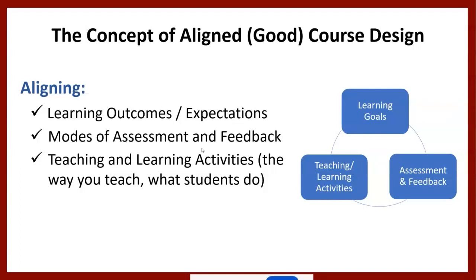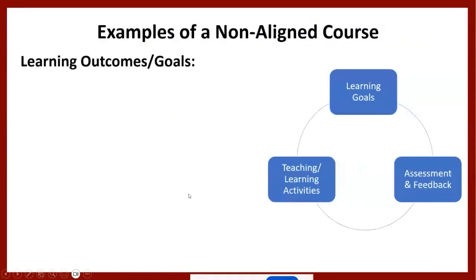What is it that you are doing in the class? So those three things are all in this interconnected cycle that all should support each other in certain ways. And so what I want to do to help you think about what alignment means is I'm going to give you some examples.